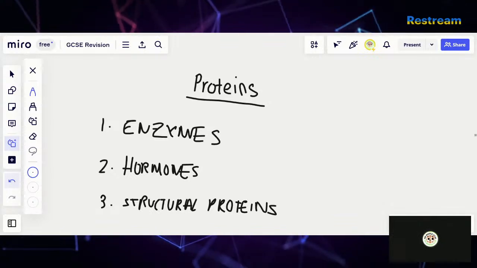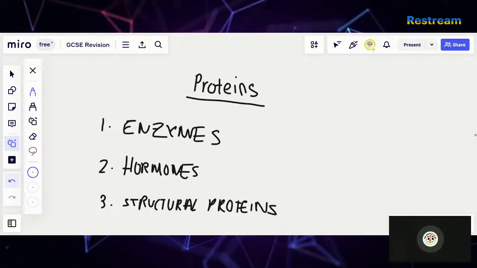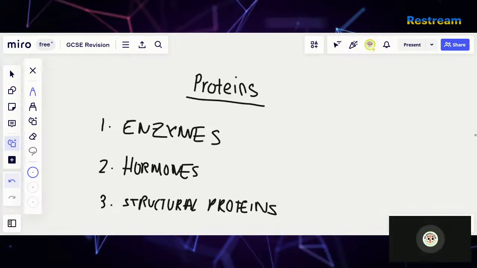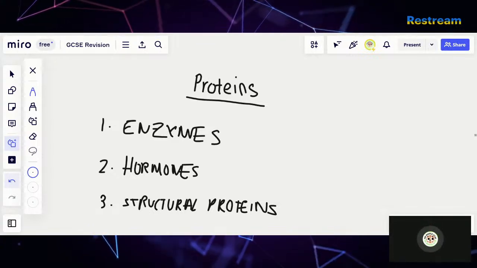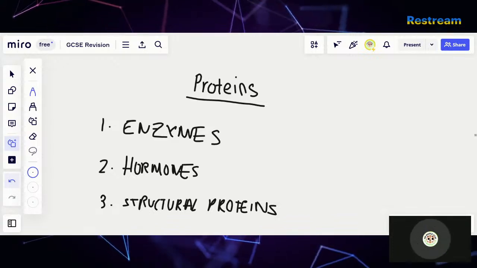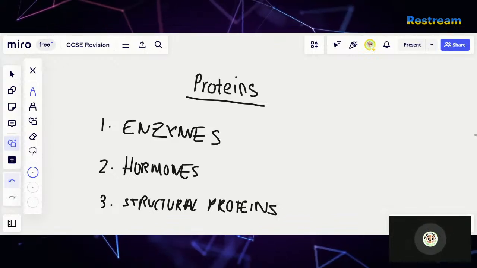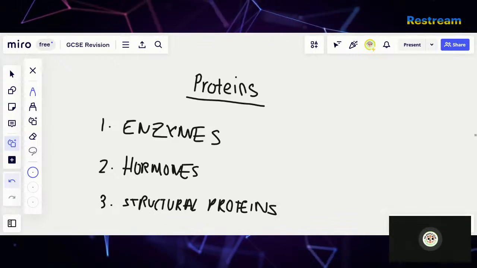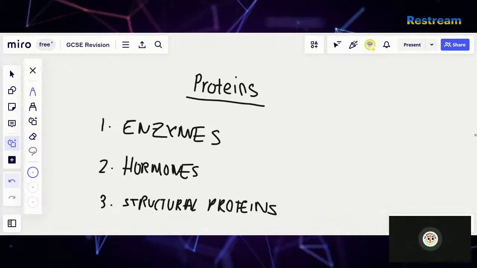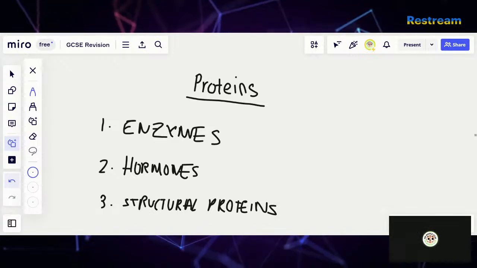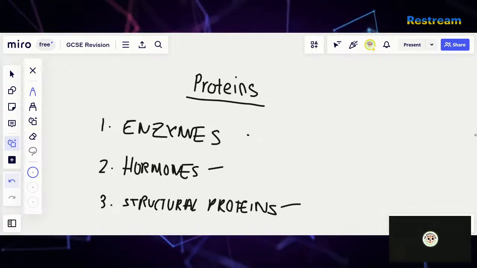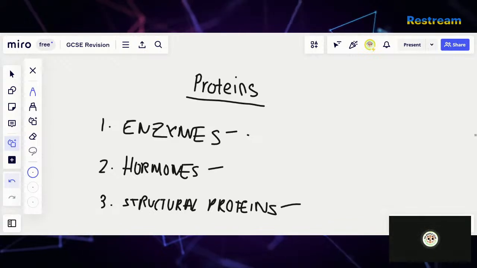So, when a chain of amino acids has been assembled, as we saw in the protein synthesis stage, it folds into a unique shape. This allows the protein to perform a task, whatever task it's supposed to do. So there are a few examples of types of proteins. You've got enzymes.